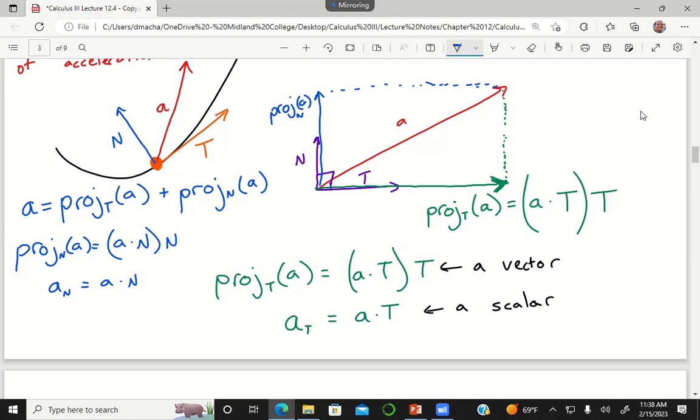Or alternatively, I could say a minus the projection of a onto t is the projection of a onto n. And you could take the magnitude of the projection of a onto n, and that would work as well. So there's two different pathways you can get to the same answer.